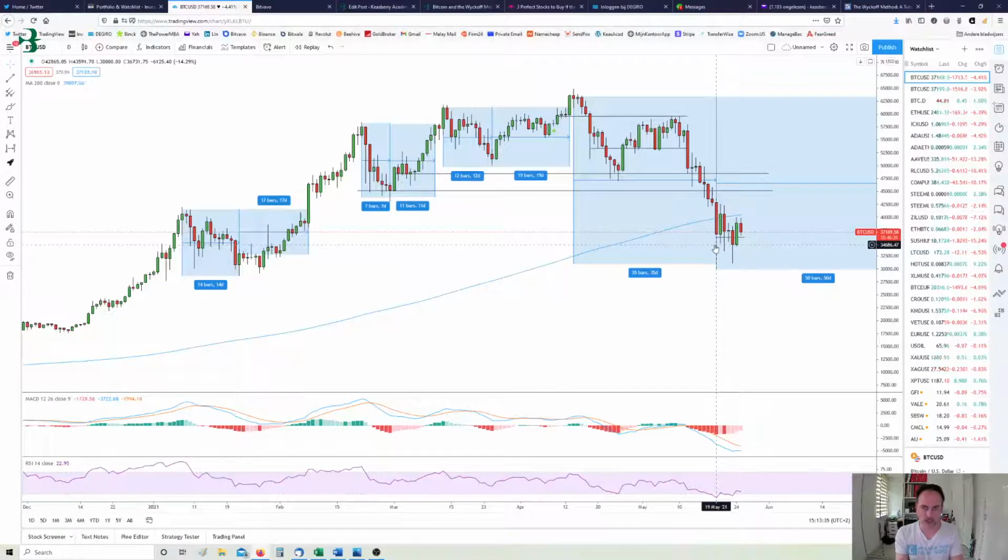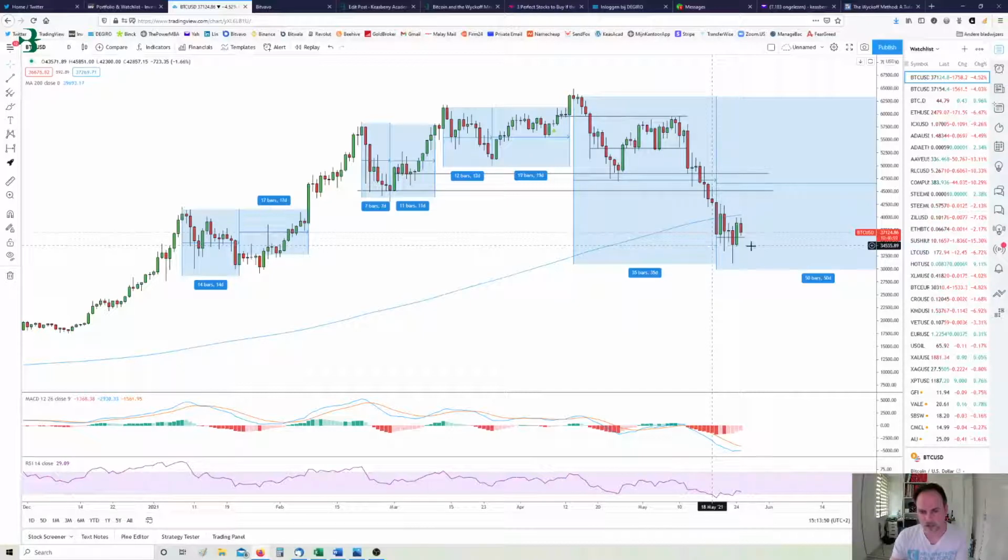So you shake out the weak players who basically are scared, and then you take over their assets for a low price. That is basically what happens in markets. It's all manipulation. It's a zero-sum game. Someone wins, the other one loses. This is how it happens.